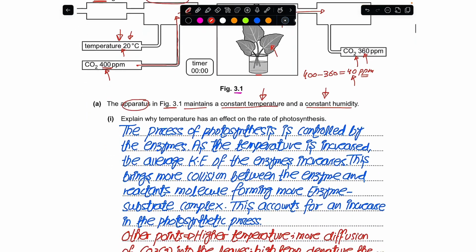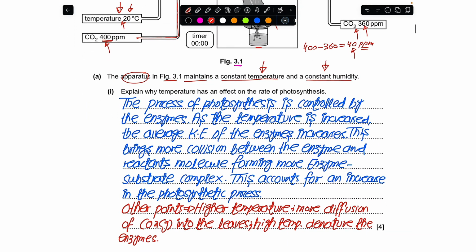Now for the 4 marks, they asked why temperature has an effect on the rate of photosynthesis. What we know is that the rate of photosynthesis is directly controlled by enzymes.